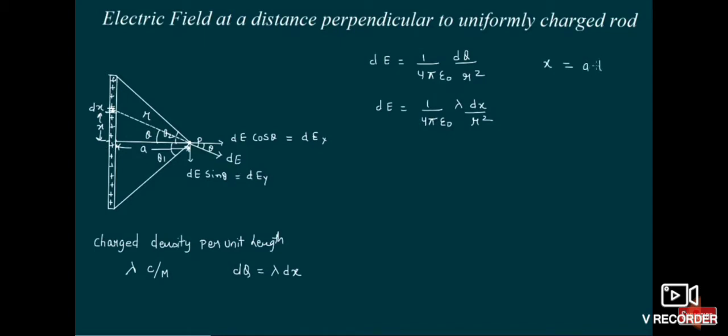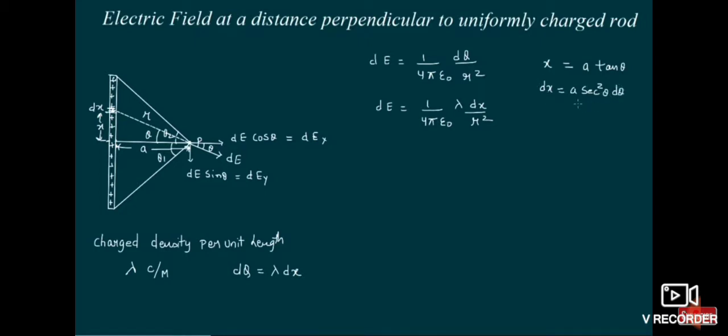x is equal to a tan theta, therefore dx equals a secant square theta, and theta will be differentiated, therefore d theta.